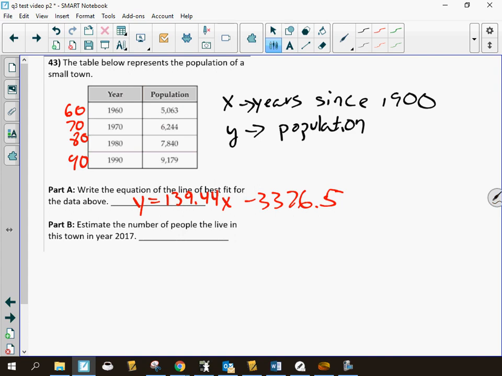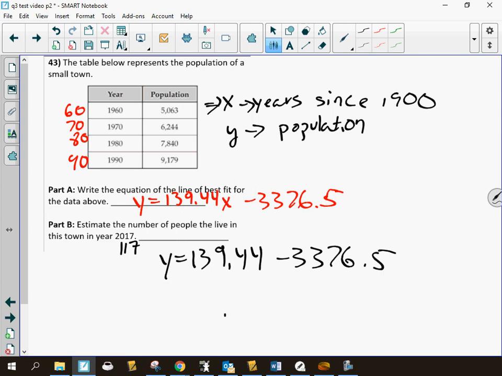Well, so we won't plug in 2017, we'll plug in 117 because that's the number of years since 1900. So we get y equals 139.44 minus 3376. That's a 7, right? Double check. Yeah. 0.5. And, oh, sorry, we're plugging in 117.